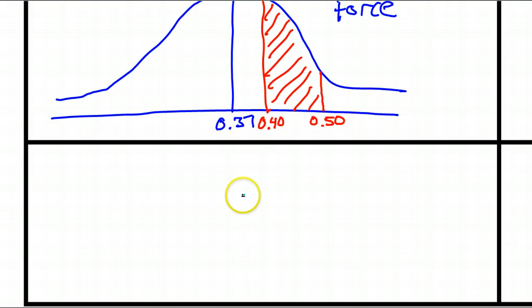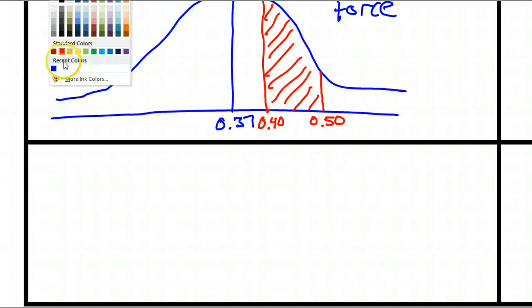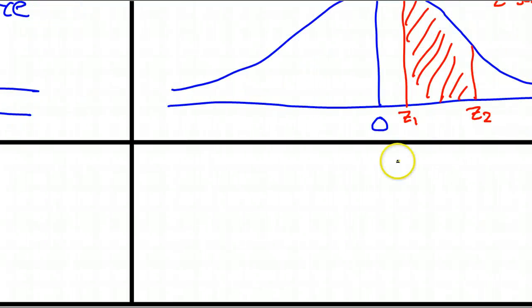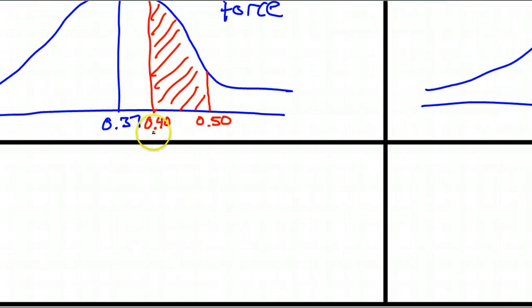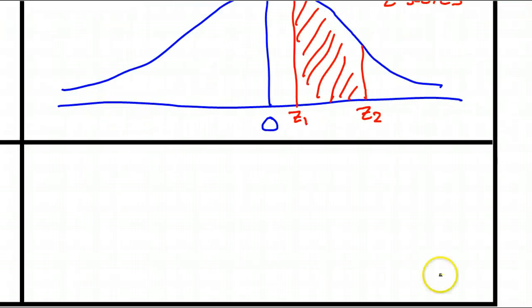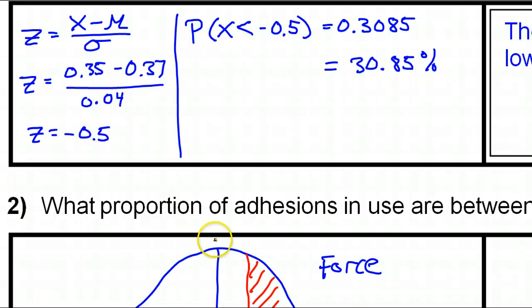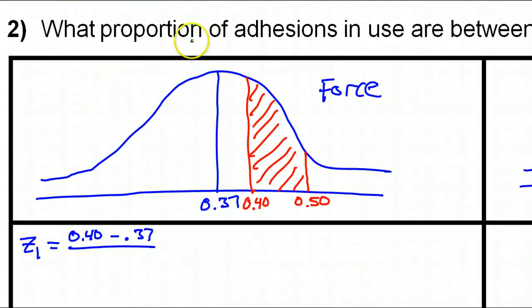Now, let's start by finding z1. Of course z1 corresponds with the x value of 0.40, and 0.50 corresponds with the z value of z2. So z1 is going to equal the x value of 0.40 minus the mean of 0.37 divided by the standard deviation of 0.04.